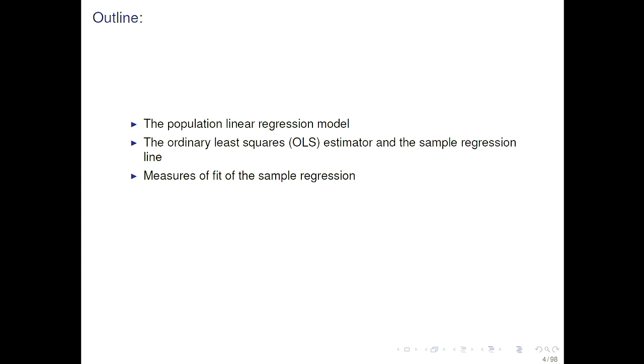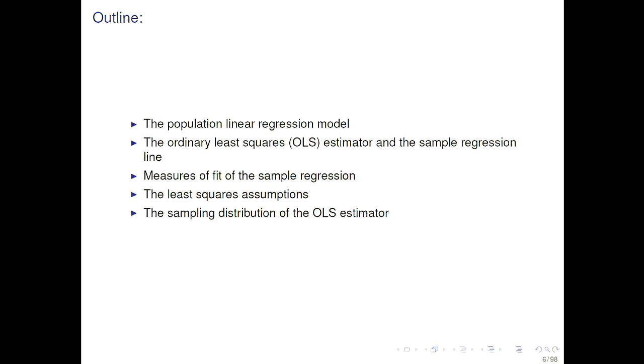So we will study the OLS estimator, and then we will discuss measures of fit of the sample regression. After we estimate the linear model, we want to have some measure that says whether our estimation is good or bad. And then we will discuss some least squares assumptions in order to state more formal results about our estimator.